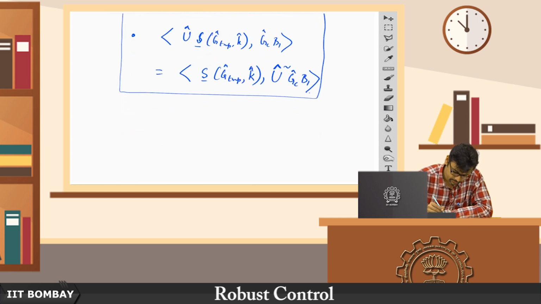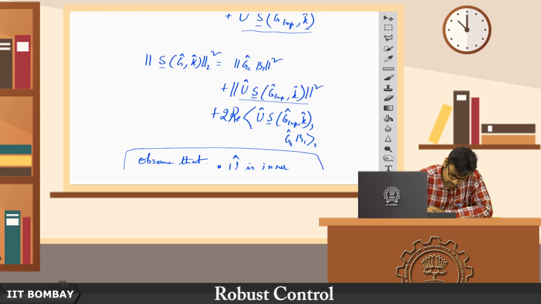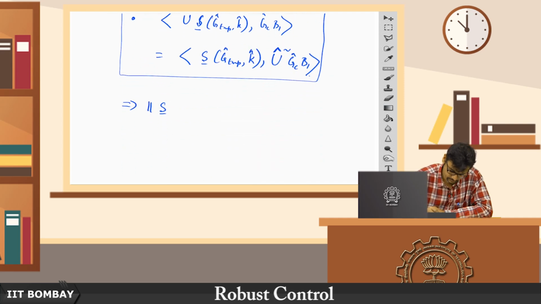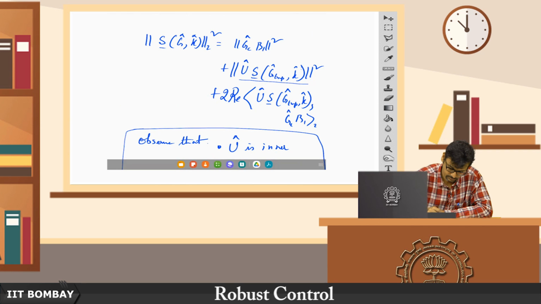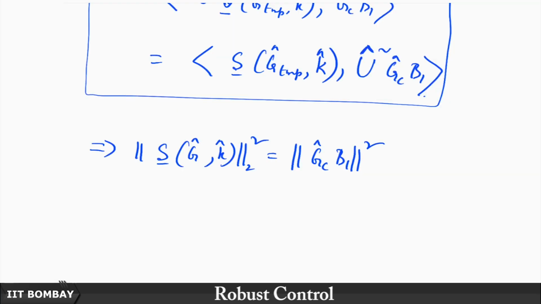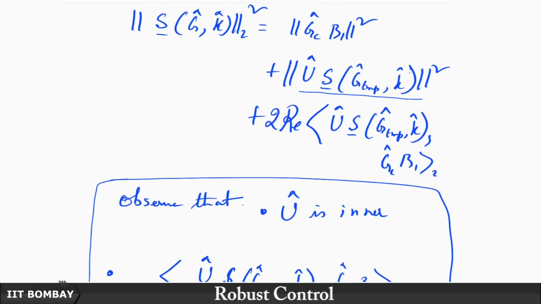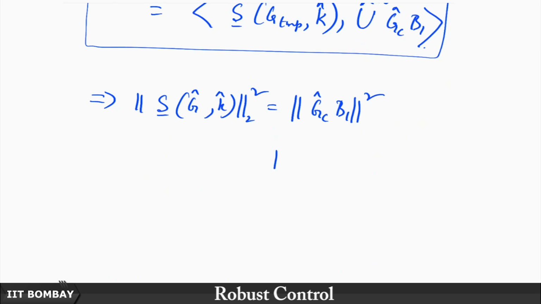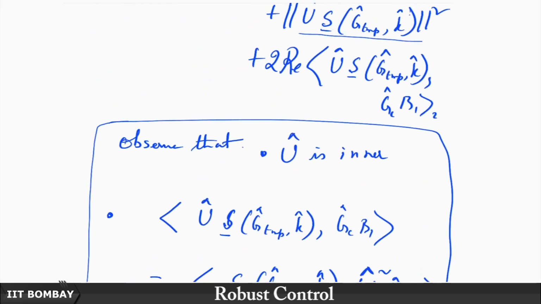This implies that the star product of G hat K hat squared is equal to the norm of GC hat B1 squared plus, notice now I am going to get rid of this U hat, because it is an inner, therefore, it does not matter in the evaluation of the norm.